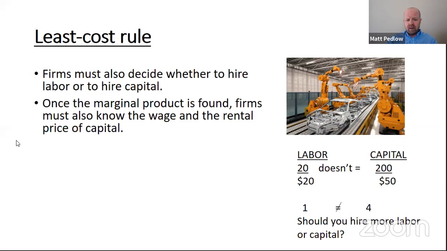So firms must decide whether to hire labor or capital. And once they find a marginal product, they have to know the wage, right, that they would pay that worker, and then how much it would cost to rent the capital per hour. Okay, that's what we call the rental price of that capital. So if you look at the picture here, I live in Michigan. We have all the auto industry up here. Ford must decide. There's a wonderful tour if you're ever in the Detroit area, the Henry Ford Museum.